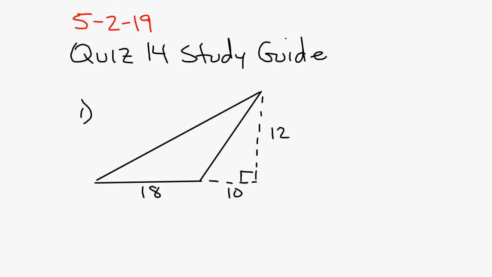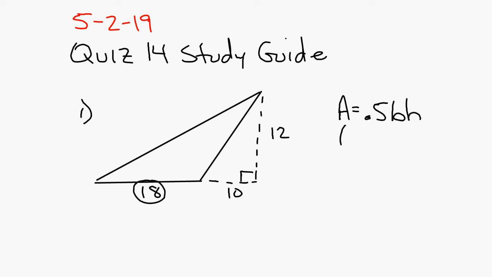You need to find the perimeter and the area of the triangle. The perimeter is the sum of the sides. Area of a triangle is equal to 0.5 times the base times the height. The base and the height of a triangle are always perpendicular to each other. So this 18 right here is the base of the triangle. Okay? This 12 is the height.